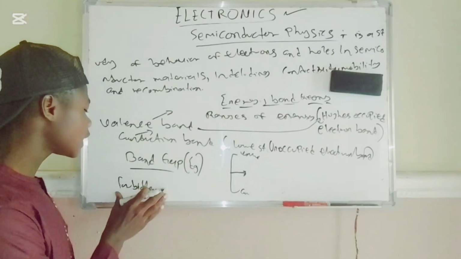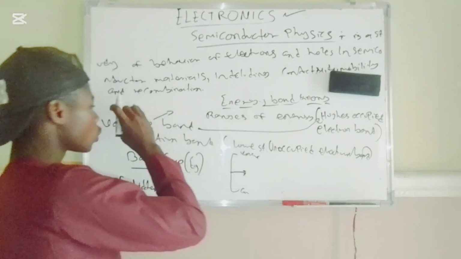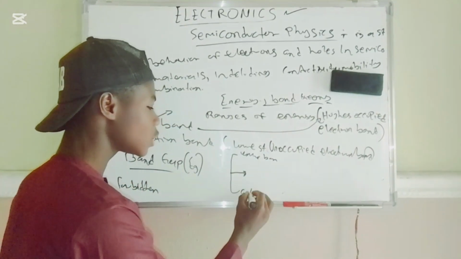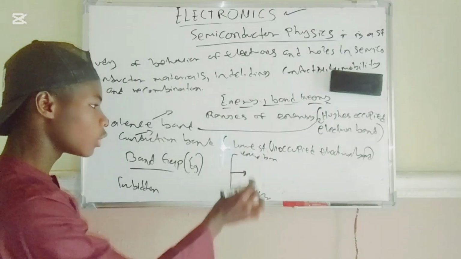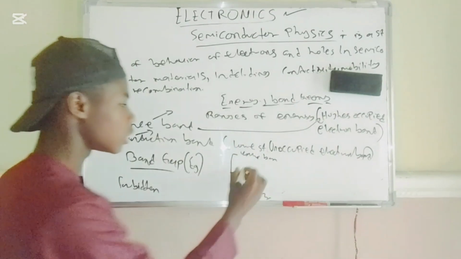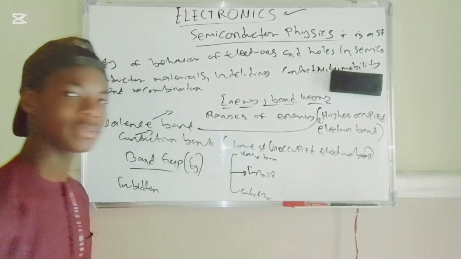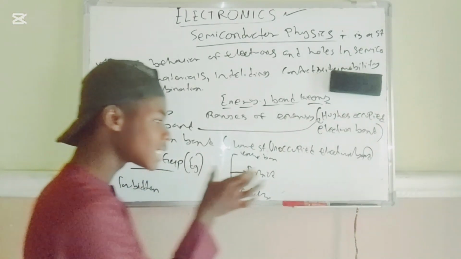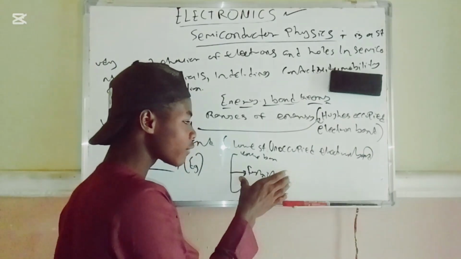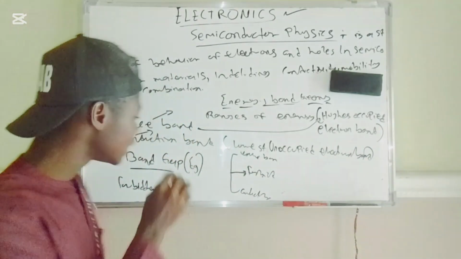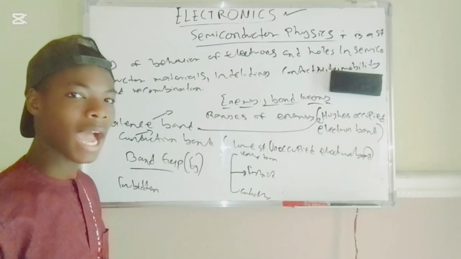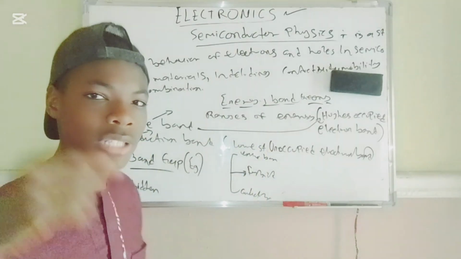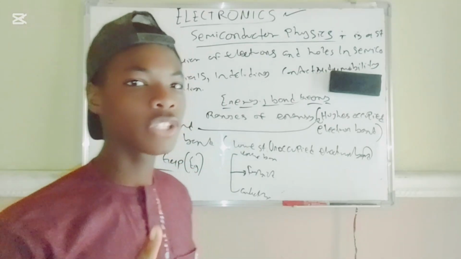So the definition of the forbidden band is between the valence band and the conduction band. The band that is between them is the forbidden band. The band gap is defined as the middle of two bands, but we are not identifying which bands. I have to get it.